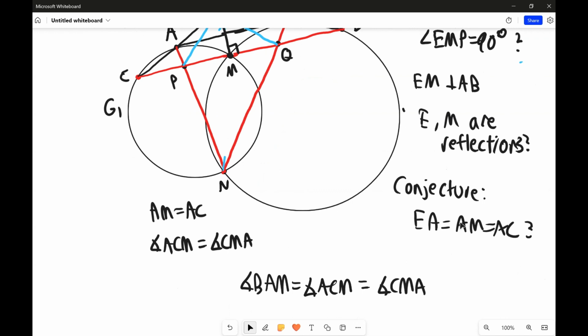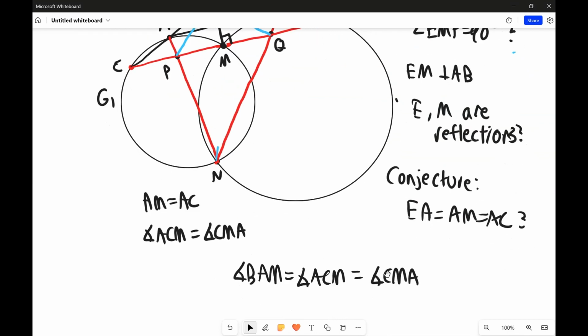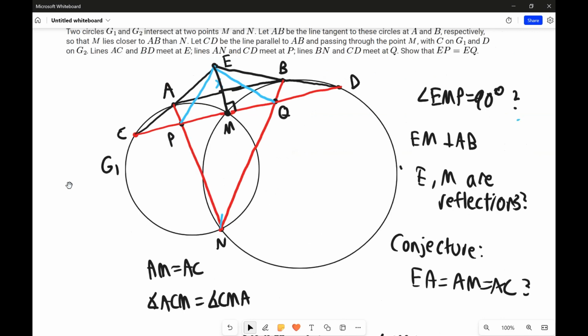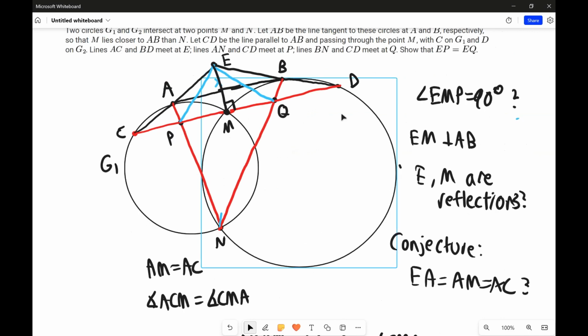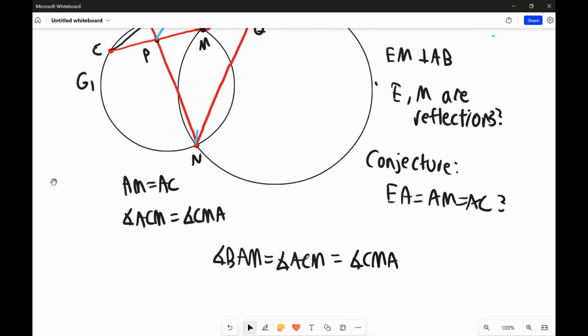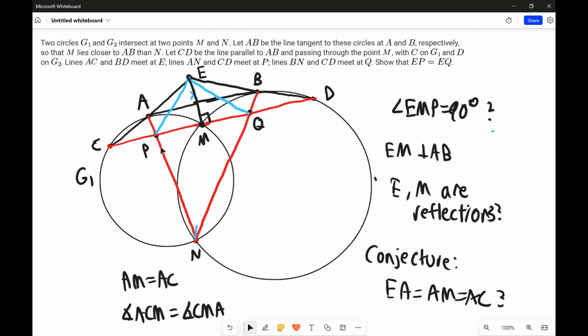and therefore it's isosceles. Furthermore, since these two angles are equal, we know that angle EAB is equal to angle ECD, which is angle ACM. So it's also equal to angle EAB. So this angle and this angle are equal. So let me go ahead and draw that in.